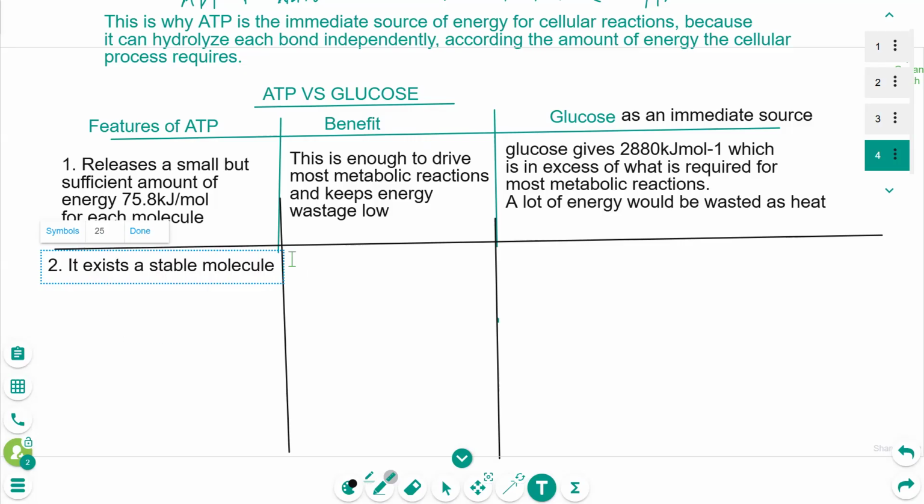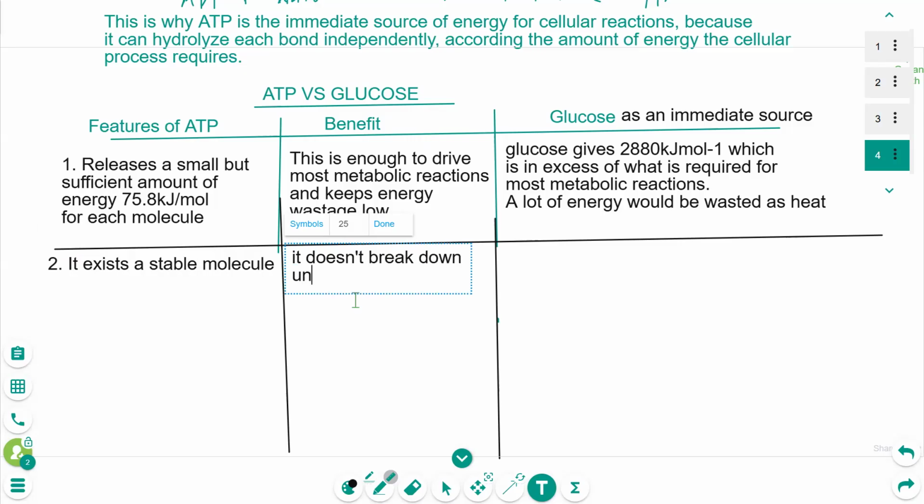The benefit of this is that it doesn't break down unless a catalyst is present, which is ATPase, and so energy won't be wasted.